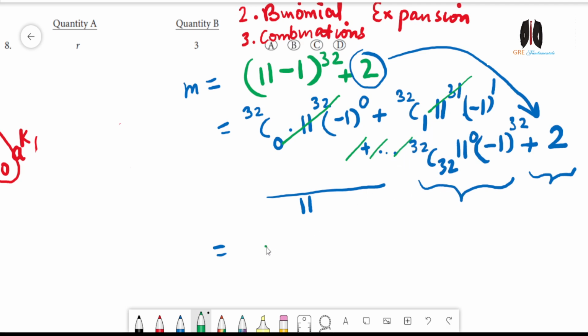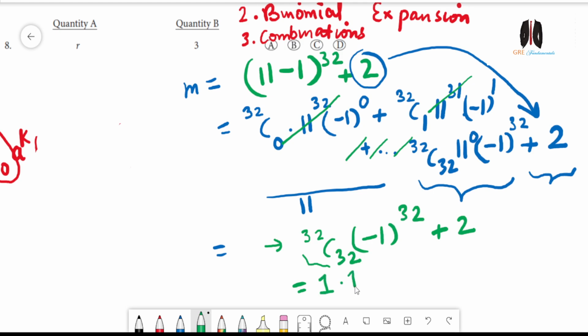So we can directly write the remainder as 32C32 multiplied by minus 1 to the power 32 plus 2, which will turn out to be 1 multiplied by 1 plus 2, which is 3. So the remainder is going to be 3.